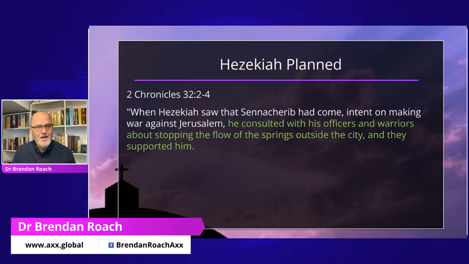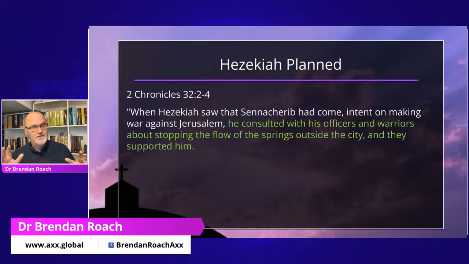So Hezekiah wasn't a leader who wasn't open to taking advice. He met with his leadership, he met with his soldiers, he met with his city leaders, and he said, well, the first thing we need to do is stop the water from going outside of the city.